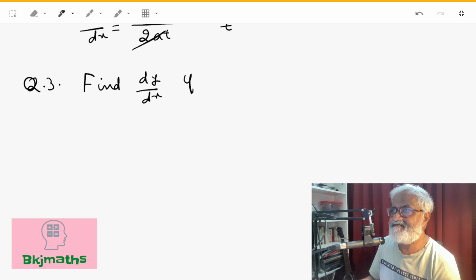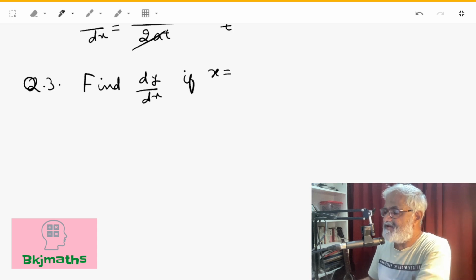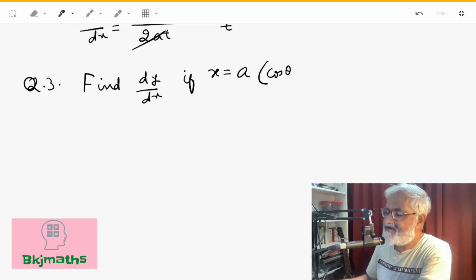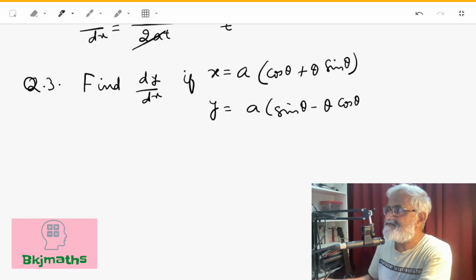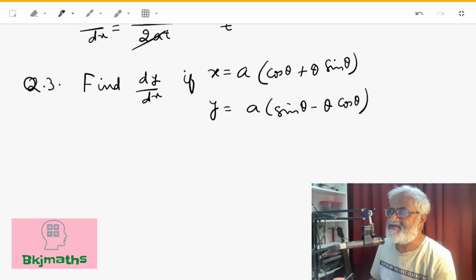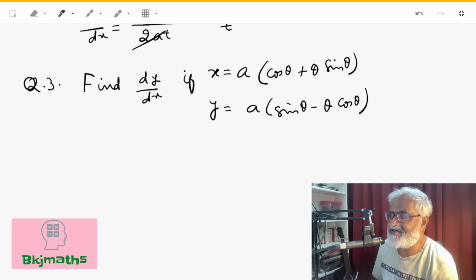If x equals a into bracket cos theta plus theta sin theta, and y equals a into bracket sin theta minus theta cos theta. Here theta is the parameter, the intermediate variable. So find dx by d theta and dy by d theta.